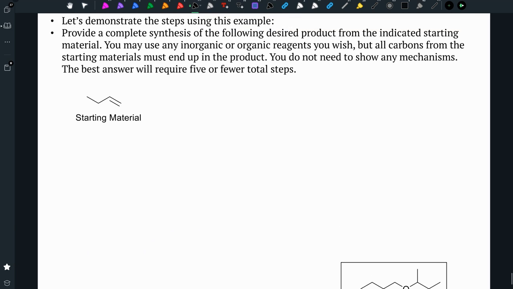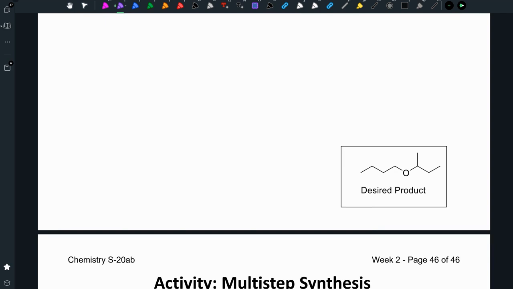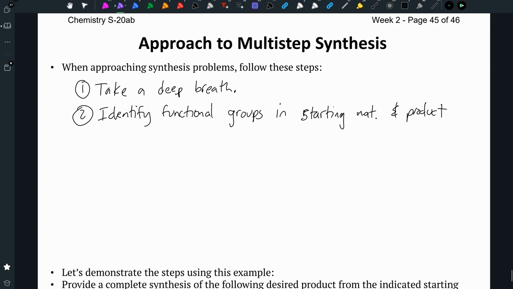So, for instance, in this example, I would start by saying, okay, my starting material is an alkene, and my product is an ether. All right, so I have an alkene and I have an ether. Great. Step 3 is going to be to count and number your carbons.